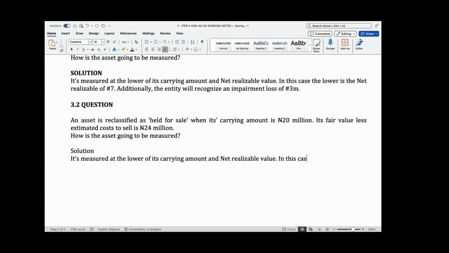In this case, the lower is the what? Is the carrying amount, book value, of how much? 20 million. And that's it. This one doesn't need any impairment loss because that's lower.